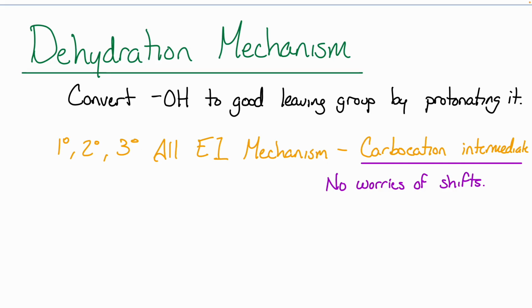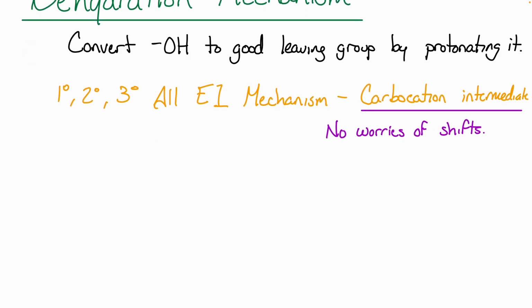I will tell you in the lab, and I think it's pretty cool, you get maximal shiftage. I mean, you get every possible alkene that you could dream of out of these molecules. But again, that's just going to be a little bit too much to keep track of here. So we're going to just say no shifts that we're going to be worried about, despite these carbocation intermediates.